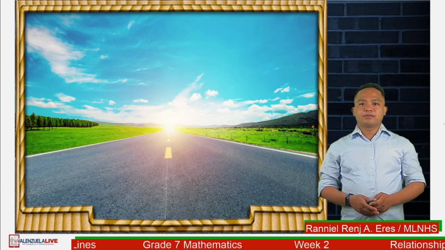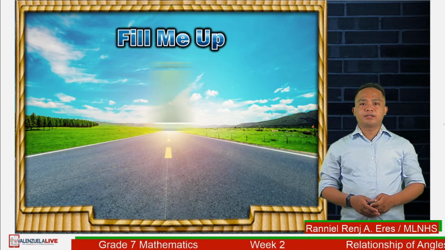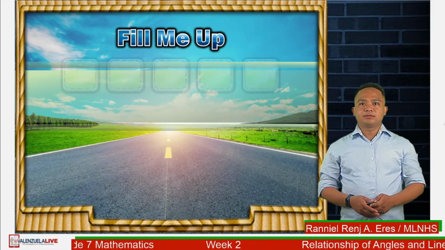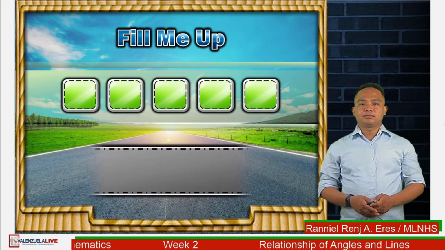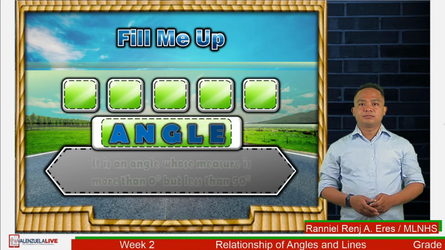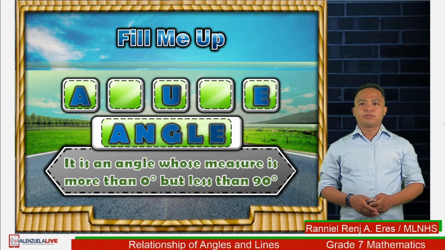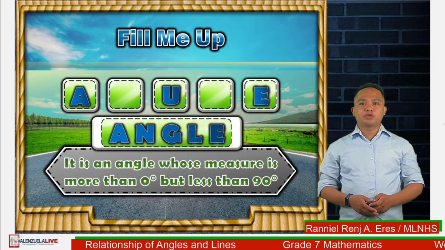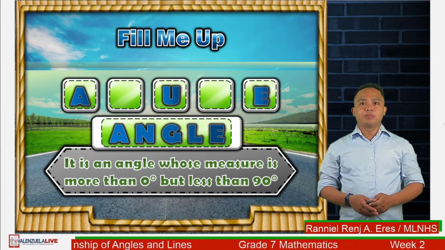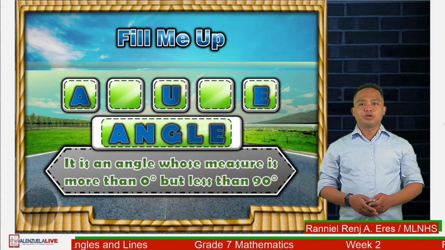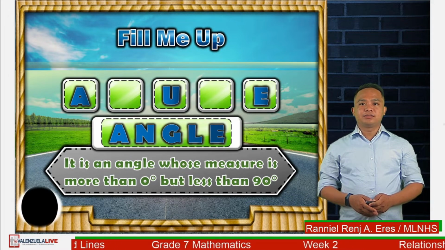Okay, let's start. So the first word is this one. It is an angle whose measure is more than 0 degrees but less than 90 degrees. You have 5 seconds, starts now.